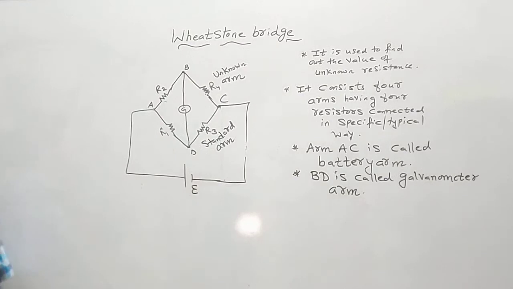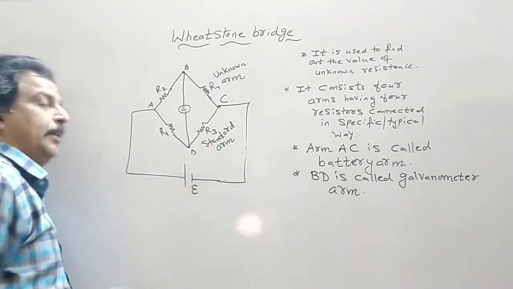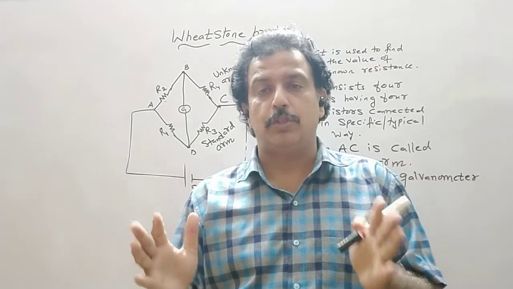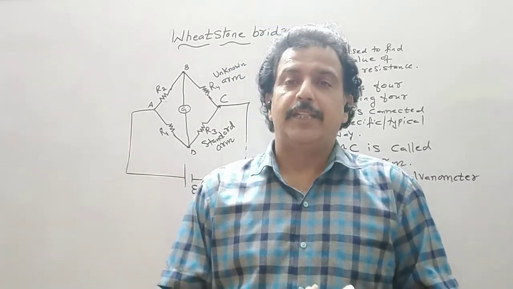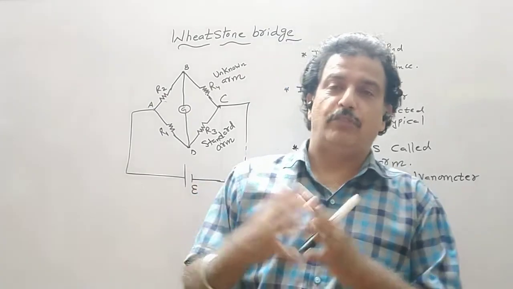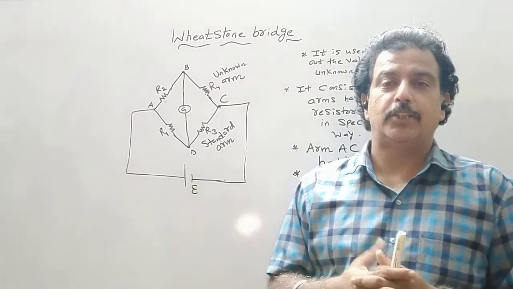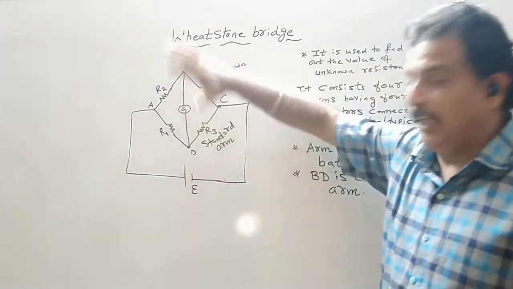Here R3 has to be varied. So in practical, instead of R3, we connect a resistance box. A resistance box is a variable resistance. You can change the value of resistance, and as the value of the resistance increases, the current flowing through that circuit should decrease. So the R1 and R2 values are fixed.